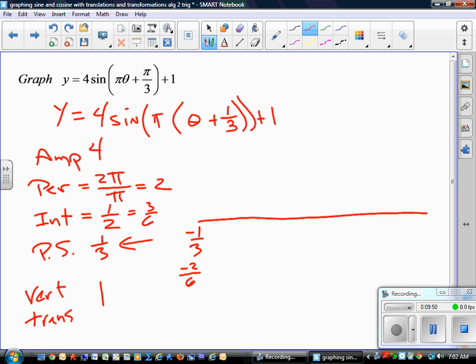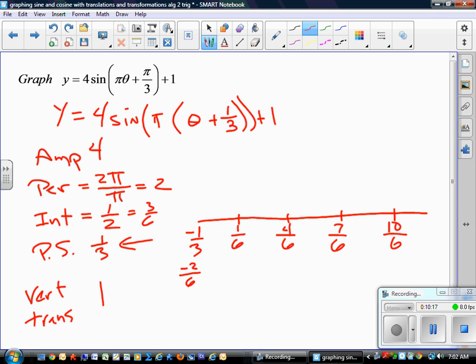So if I add 3/6 and -2/6, I get 1/6, then 4/6, then 7/6, and finally 10/6. And if I look from 10/6 to negative 2 sixths, that's 12 sixths, or 2. So I've got all my intervals done correctly.